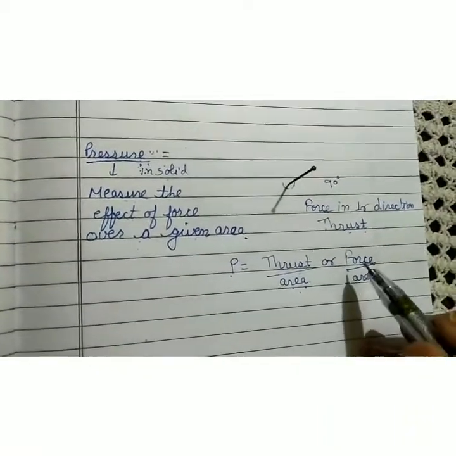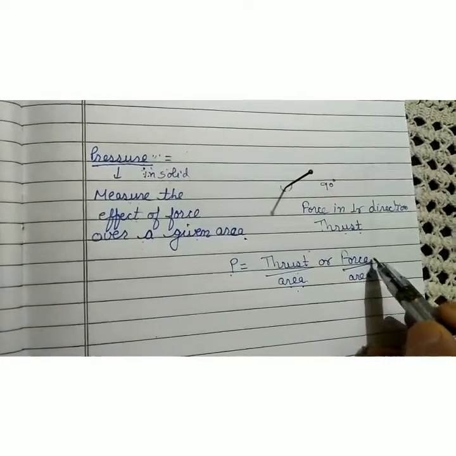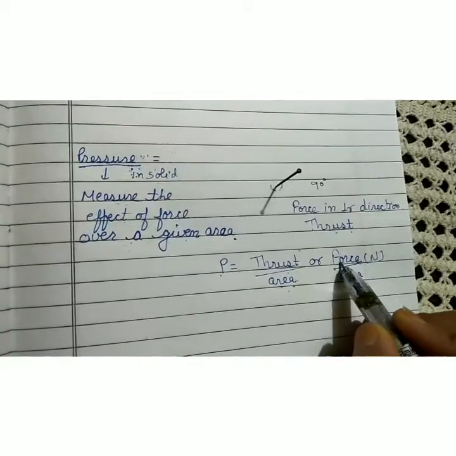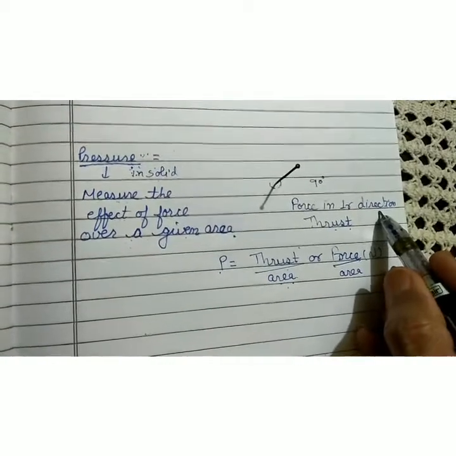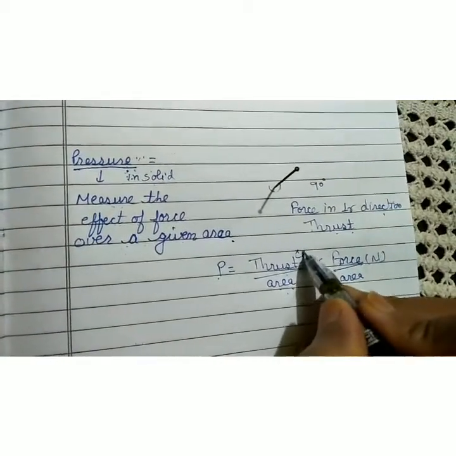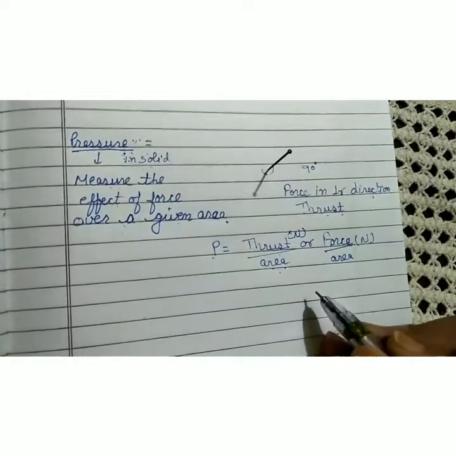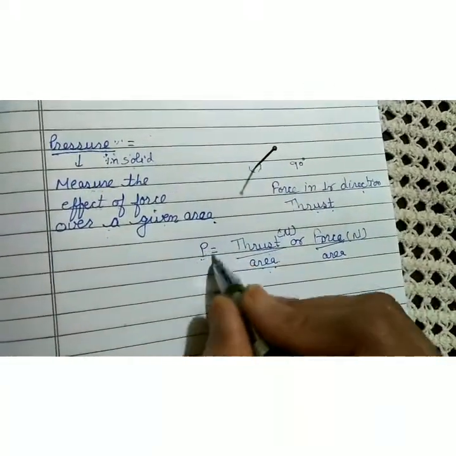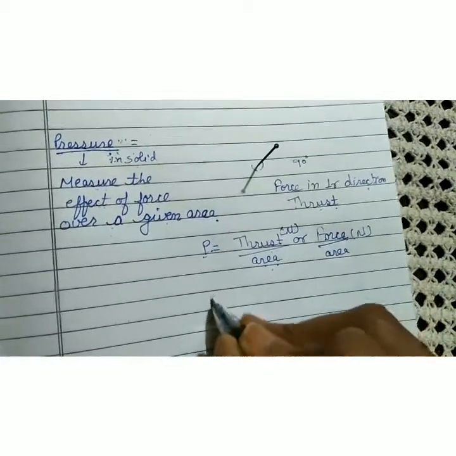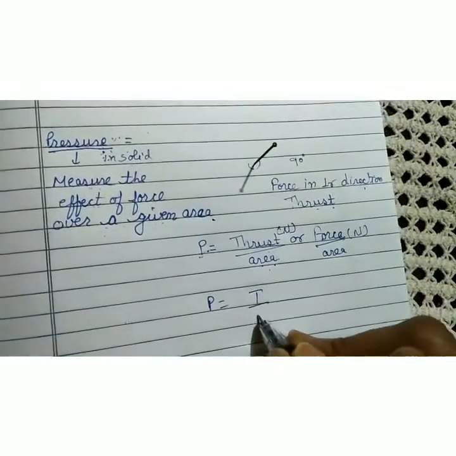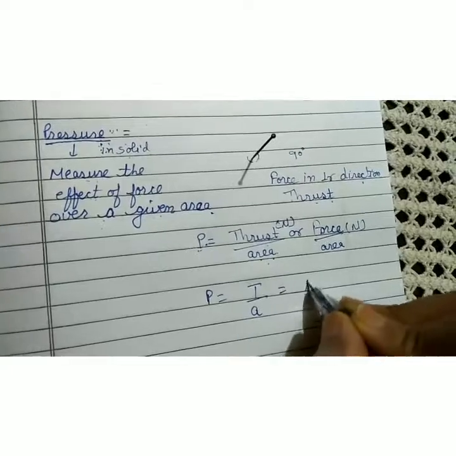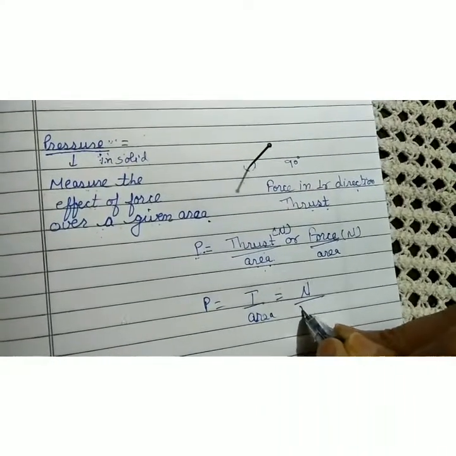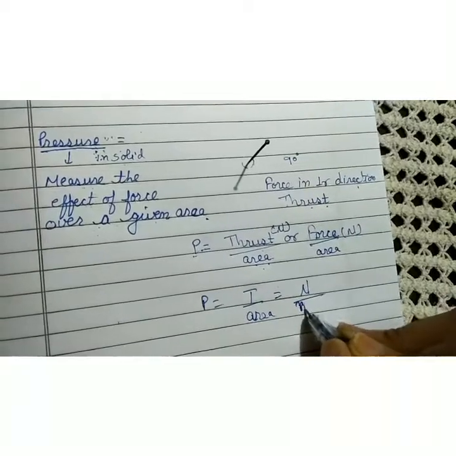All of you already know the unit of force. The unit of force is the Newton. As thrust is also a type of force, the unit of thrust is also Newton. Similarly, if we want to find the unit of pressure, pressure is thrust per unit area, the unit of thrust is Newton, and area is in meter square.